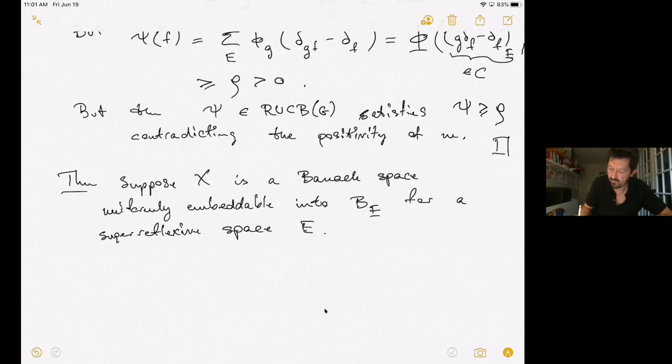Okay. So I have a Banach space which is uniformly embeddable. So there's a uniform embedding into the ball of a super reflexive space E. So then X contains some little LP.